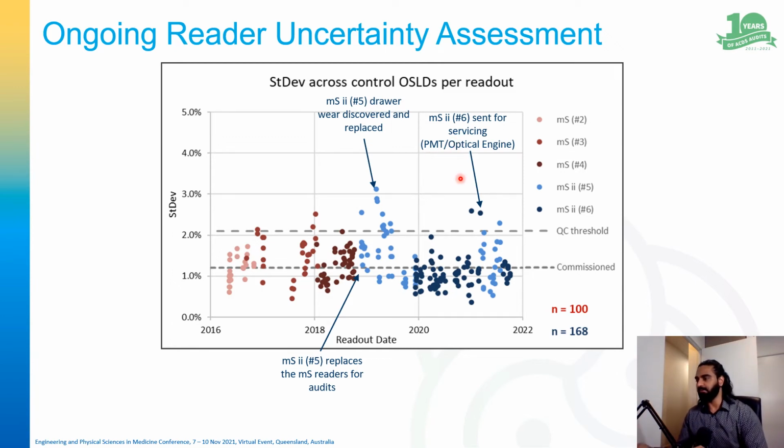So they did their servicing on it, they sent it back, and in the meantime we were using our original MicroStar 2 that we bought. We received the MicroStar 2 back a couple months ago, and we've been using it ever since. And as you can see, post-service, everything is nice and tight and within spec.